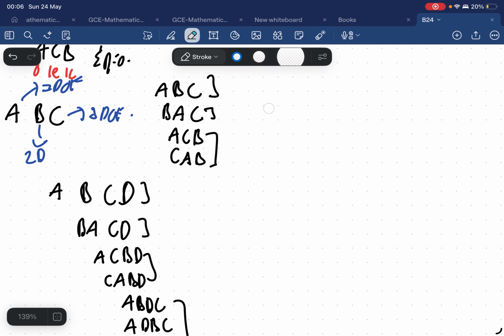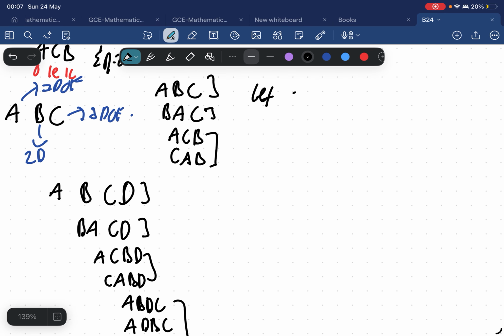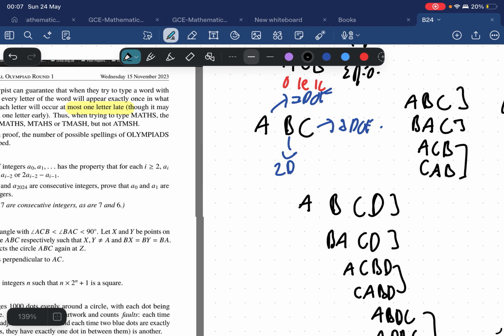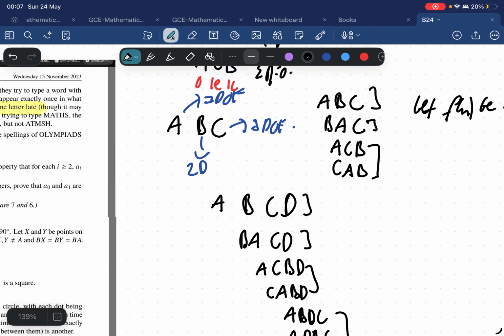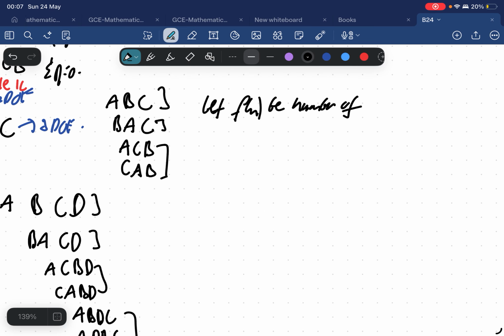So let's call a function f(n) the number of arrangements. My cat, I think.